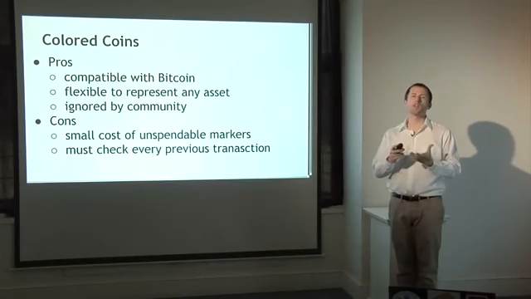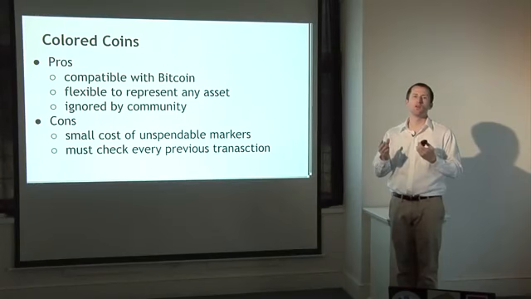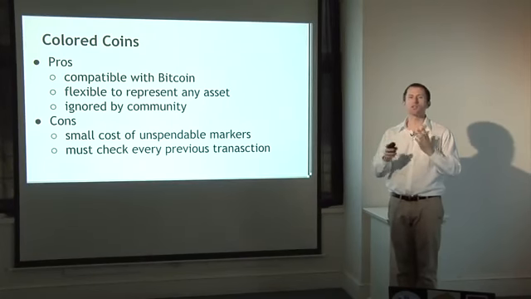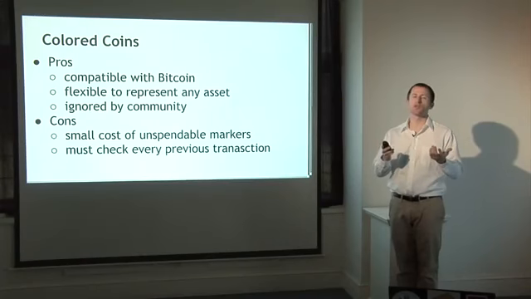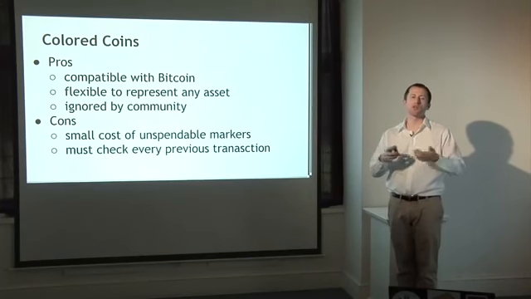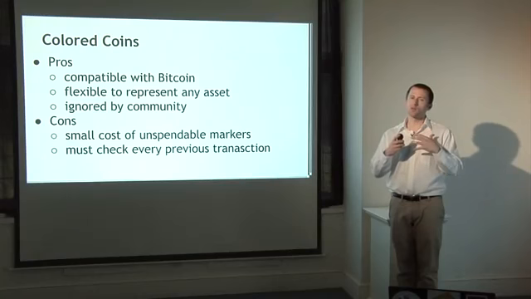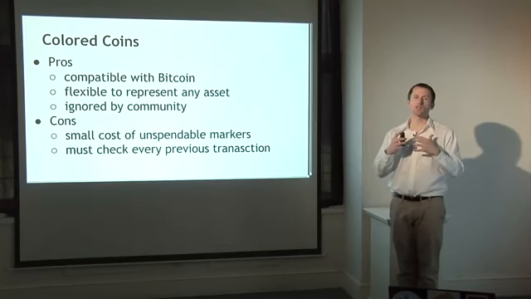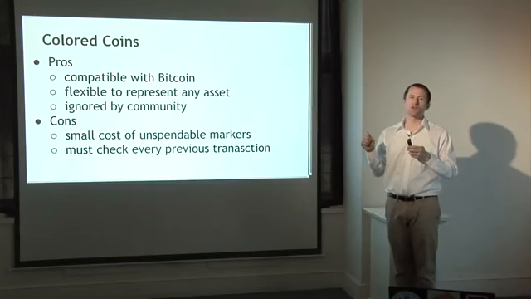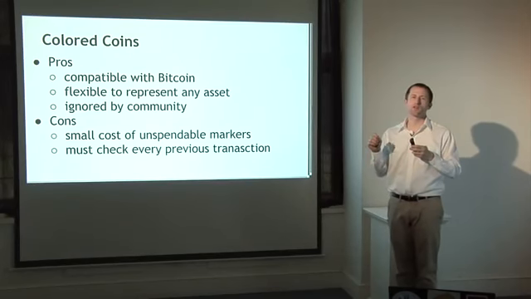So the miners won't take any position on who can issue which color or rules for transferring colors. So nobody can censor this. You don't have to ask any central authority for the right to start issuing coins of a new color. If anybody believes you and thinks that you have a good reason to do so, they can start trusting your signature in the form of sending the coins through that pay-to-script hash address. And if they respect the color that you're putting on coins, then they have some value.